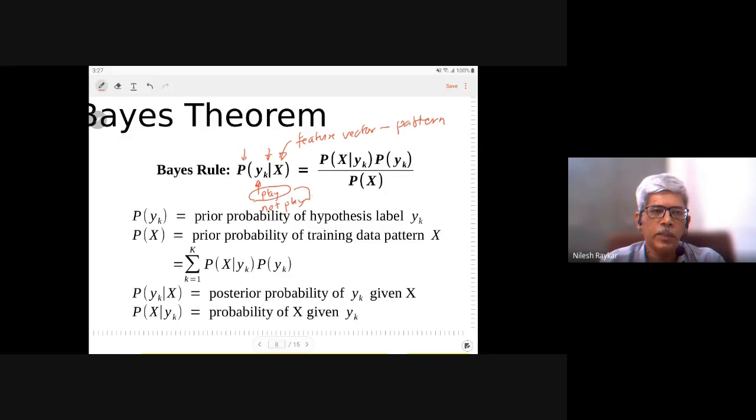If it is a multi-class classification problem, then k will have more values, so you may have 3 or 4. So k represents the count of the labels that the problem may have. For simplification, let's consider only two labels, playing tennis and not playing tennis, and x represents a given pattern.